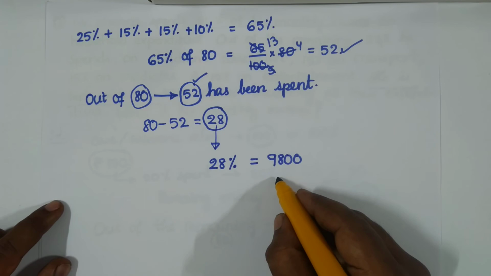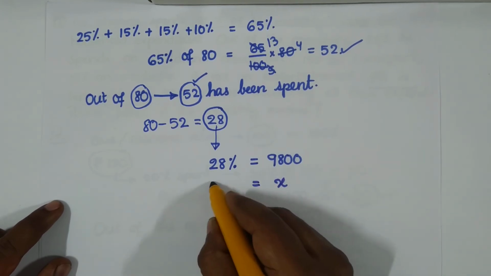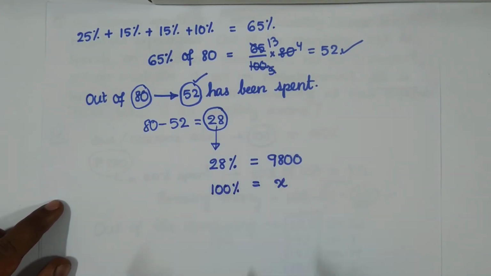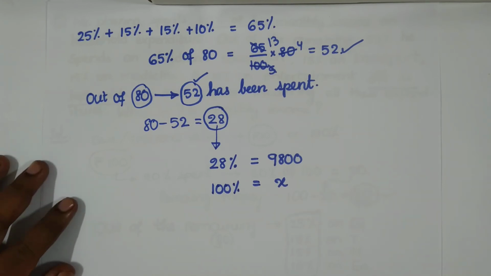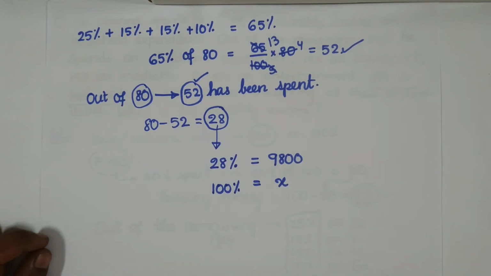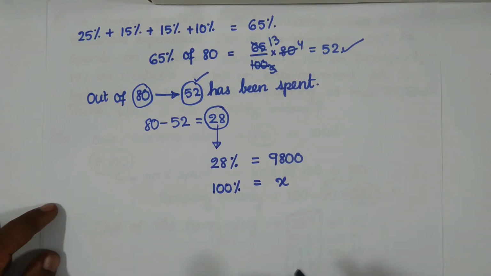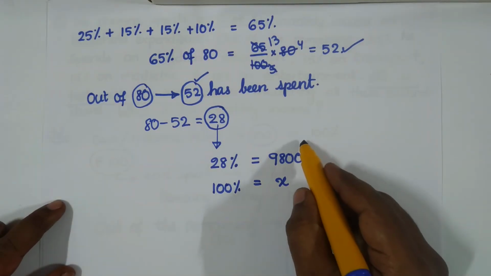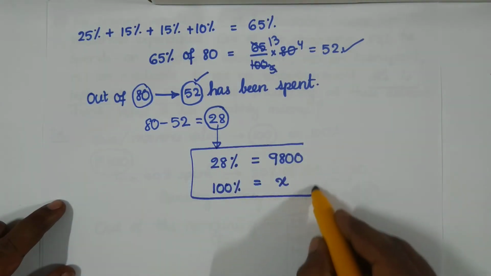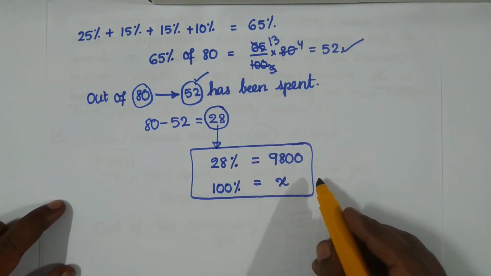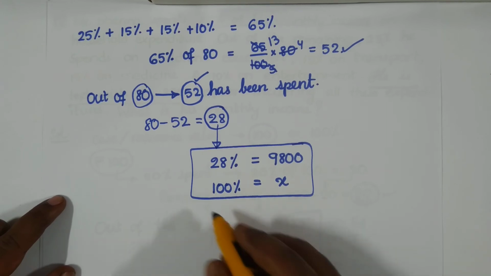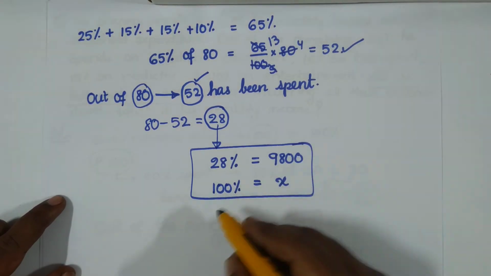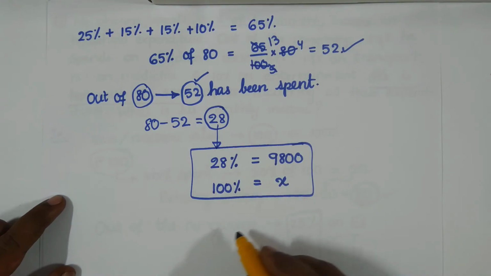Now say his salary per month is 100 percentage. Always assume like this, let salary equal to A, let salary equal to B. This is very simple to follow. So 28 percentage is equal to 9,800, and 100% is equal to X. Just cross multiply this.